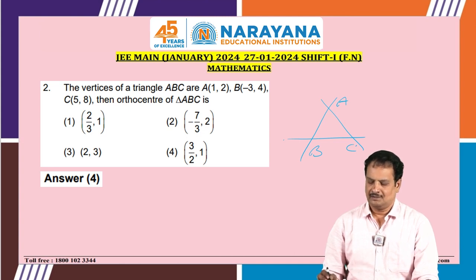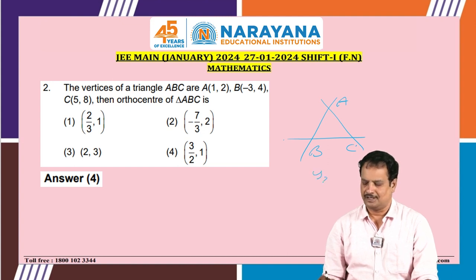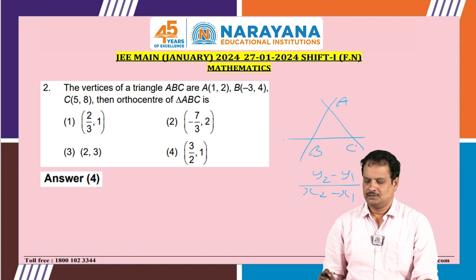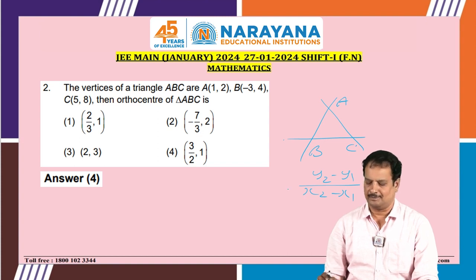In this case, if you know the slope of BC, you can find the slope of the altitude through the vertex A. So first we find the slope of BC using the formula y2 minus y1 by x2 minus x1. Once you know the slope of BC, we can find the altitude through the vertex A by using the point slope form.